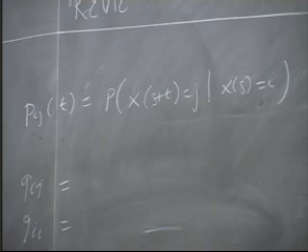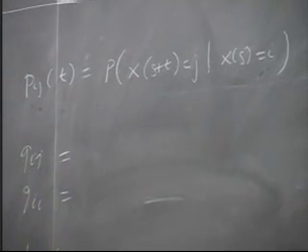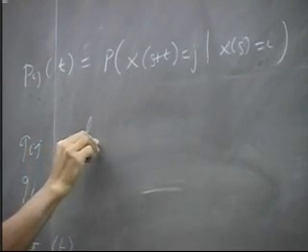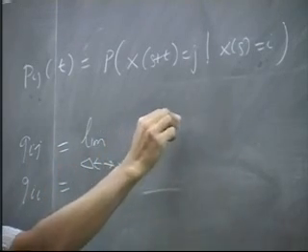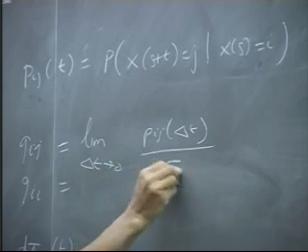Now, since it's homogeneous, we can take this limit, which is qij, the rate at which you're going to move from one state to the other, and qij is defined as the limit as delta t tends to 0 of Pij(delta t) over delta t.